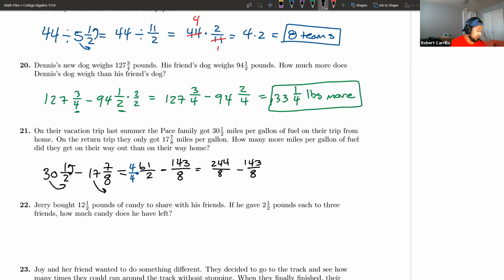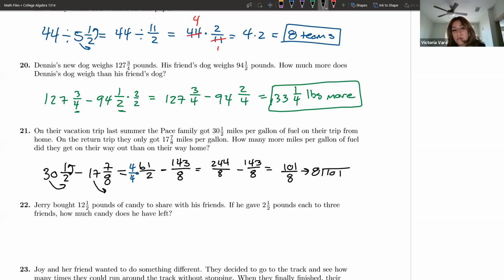Okay, and then 244 minus 143. We can now subtract these. They have the same denominator. I get 101 over 8. But we want to put this where it makes sense. So we need to convert from improper back to a mixed number. So we say 8 into 101. And how many times is 8 going into 101? 12 times.